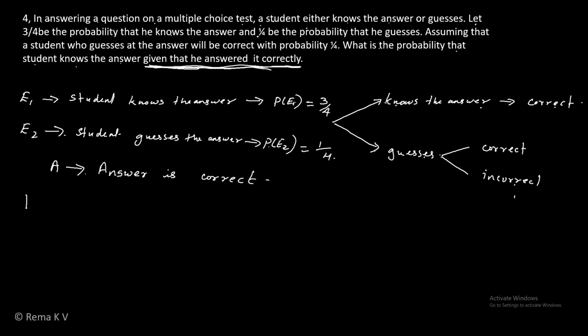Now we have to write the probability of when the answer is correct. Answer is correct when he knows the answer. What is the probability? Probability of the answer is correct when he knows it.